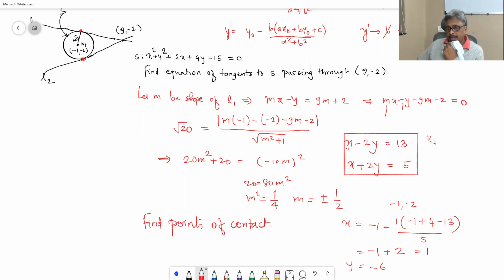Second point, x is equal to minus 1 minus 1 inside bracket, minus 1 plus or minus 1 minus 4, minus 5 divided by 5 is equal to minus 1 minus inside bracket minus 10, correct? Minus, again minus plus 2 is equal to 1.